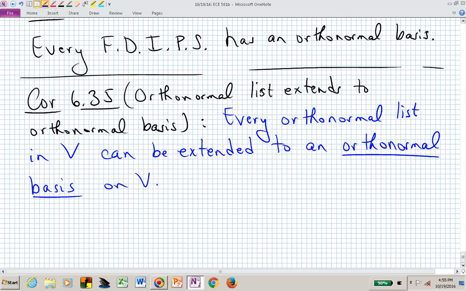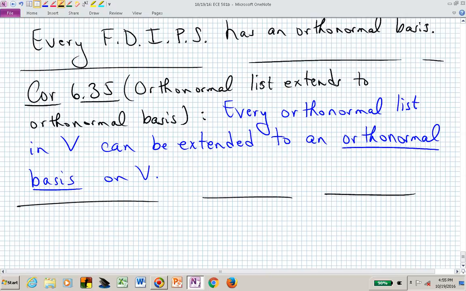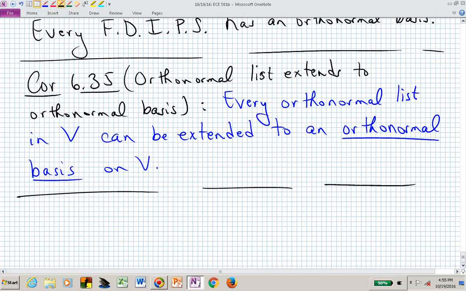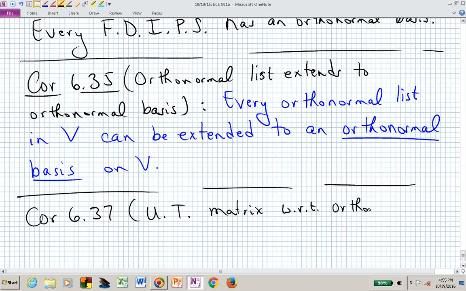And another corollary is going to be dealing with maps or operators. So here, this is now corollary 37, which says an upper triangular matrix with respect to an orthonormal basis.